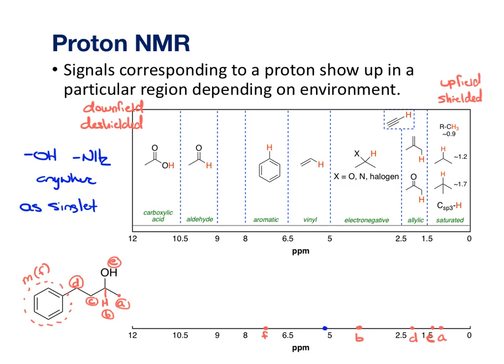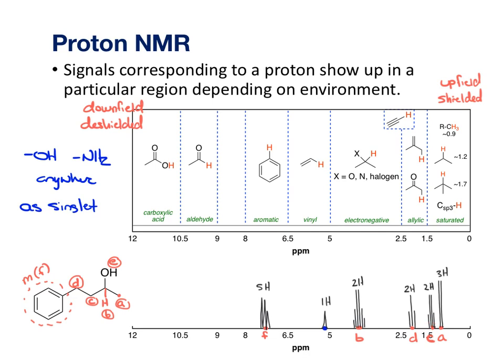Now, it would probably be good practice if you go through and try to assign the multiplicities or the splittings to each of these. I will go ahead and draw in and fill in the spectrum so you would know what it looks like. So here's how the spectrum for this one might look. A, we would expect to be a doublet. B would be a sextet.